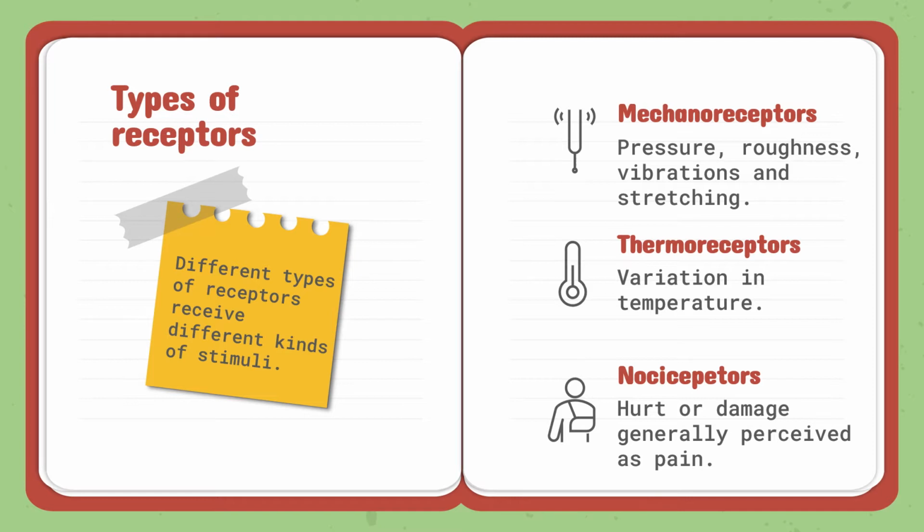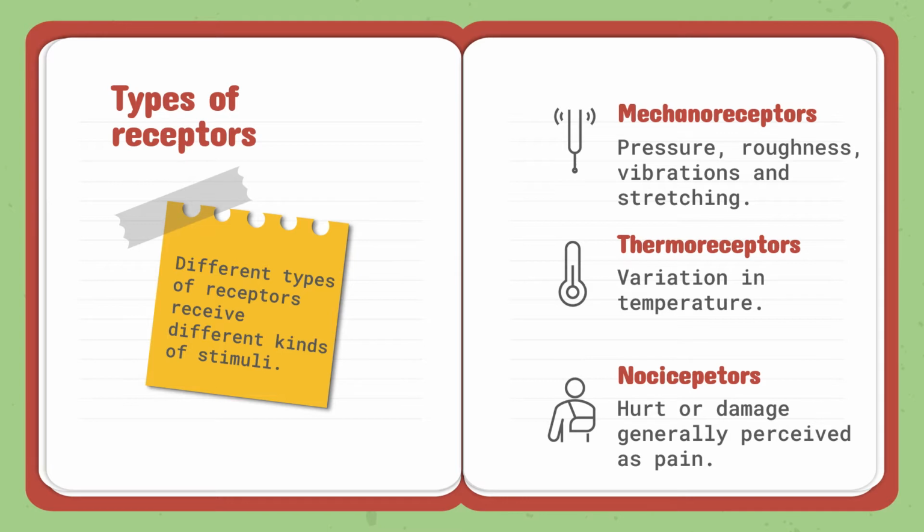Most of these receptors are found in the skin, and they are needed for the sense of touch. But we also have mechanoreceptors in our inner ear. They allow us to hear and to maintain balance. This type of receptor responds to mechanical forces. That is important.